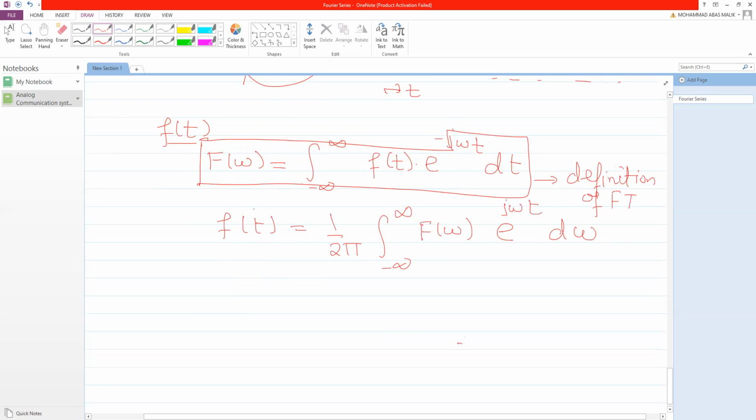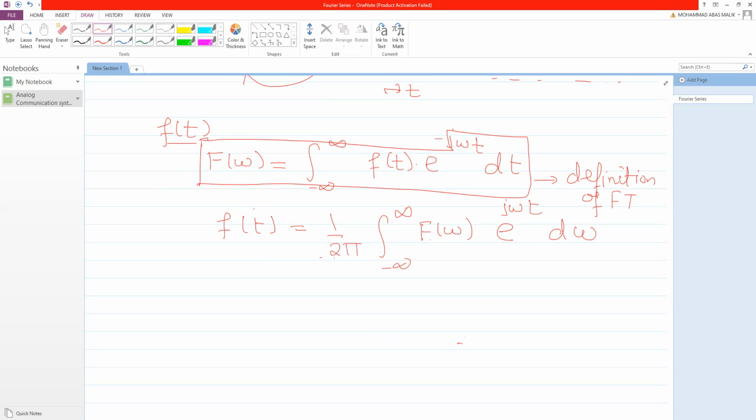If you write this in terms of df, then it will be the integral from minus infinity to infinity of F of omega e raised to the power j omega t df, and then 2 pi will cancel out. So this is the mathematical definition of the Fourier transform and the inverse Fourier transform.